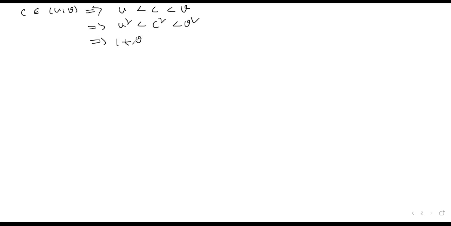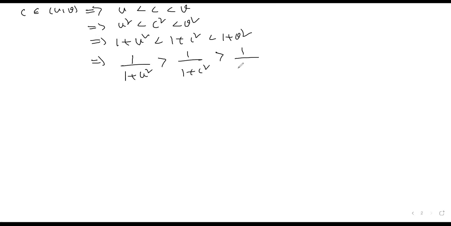Therefore you will get 1 plus u square less than 1 plus c square less than 1 plus v square. If you take the reciprocal of all the terms, the less than symbol should be changed into greater than. So 1 by 1 plus u square is greater than 1 by 1 plus c square, which is greater than 1 by 1 plus v square. Why? Because if you take the reciprocal, the symbol should be reversed.